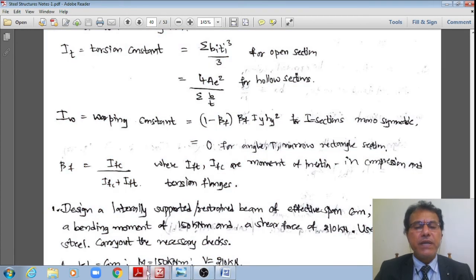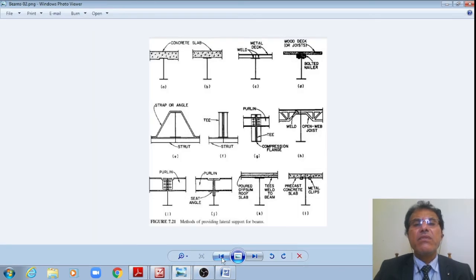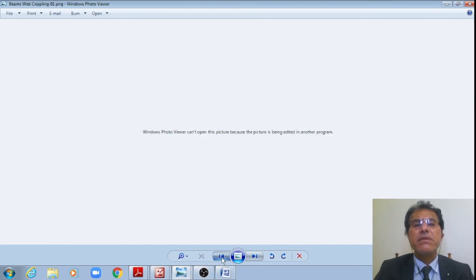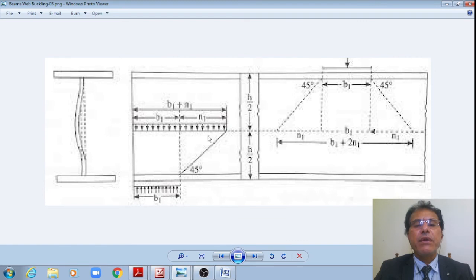That is the different discussion, students. I think we almost covered all the topics of the theory. The check for web buckling we'll see in the next class with a numerical problem, with the stiff bearing length dispersed at an inclination of 45 degrees as per the codal specification.